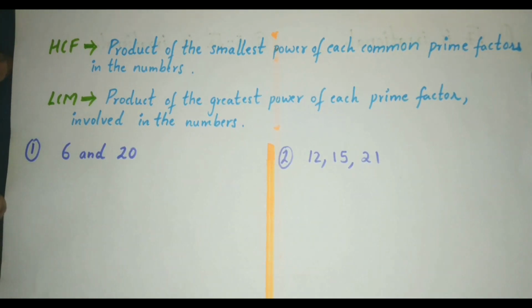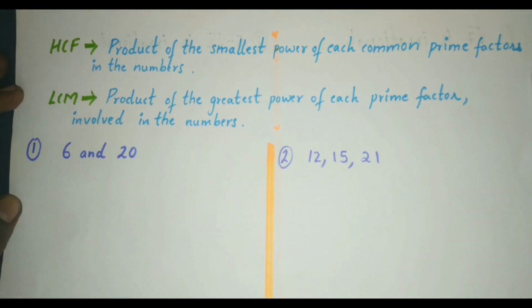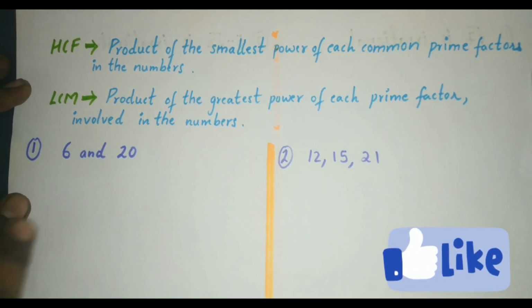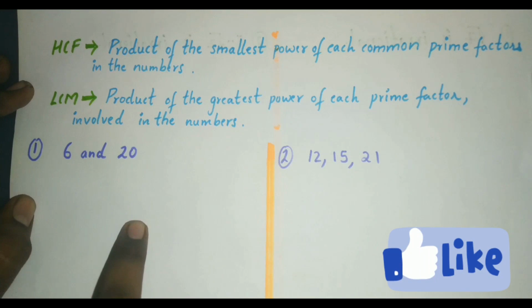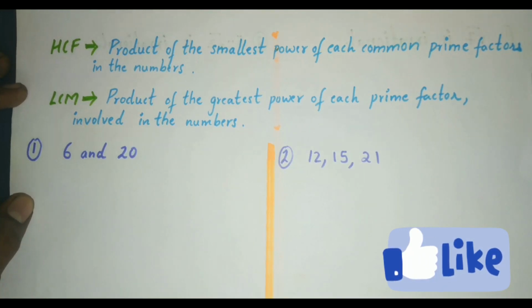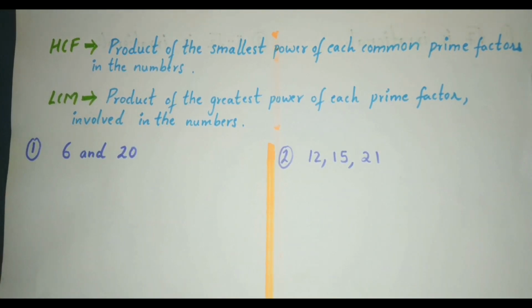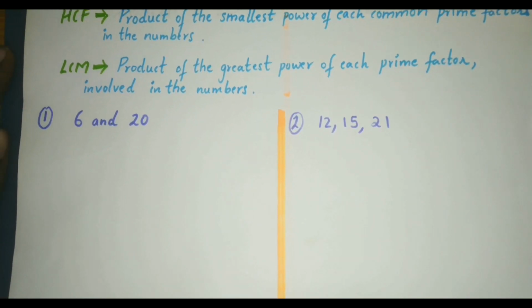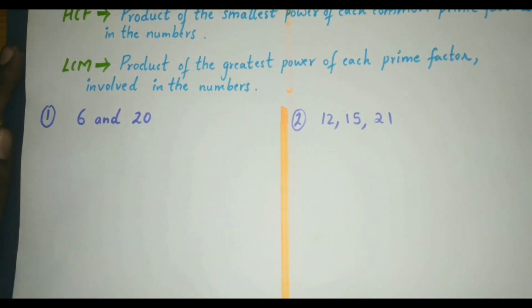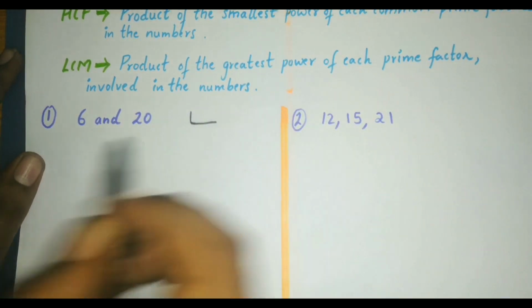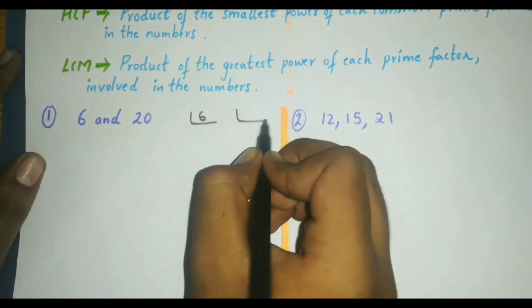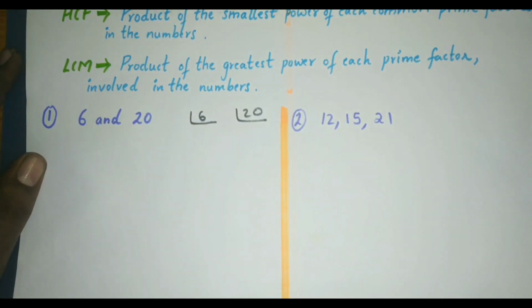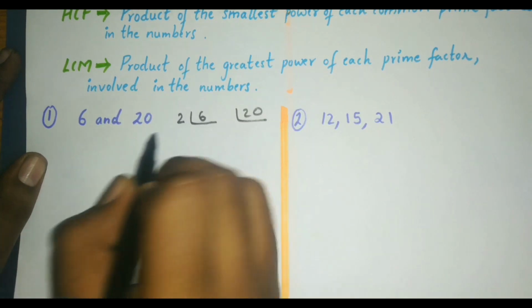For understanding that, I have taken two questions, and we'll find the HCF and the LCM for both. In earlier classes you have already studied how to find the HCF using prime numbers.